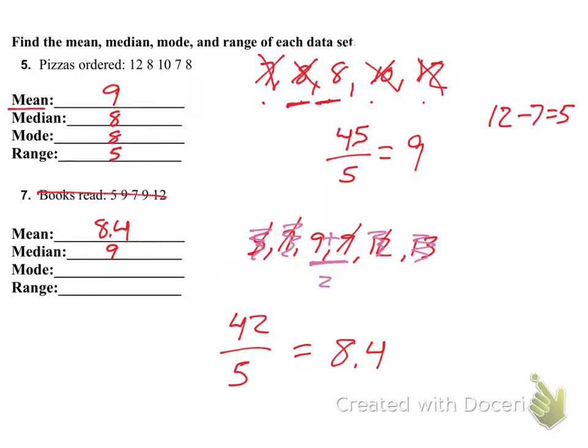So in this case, it would be 9.5. I'm sorry, it would still be 9, but you would just need to add these 2 middle numbers and then divide by 2. But we're not doing that in this case, so don't worry about that. So the middle number here is just 9. And then the range would be our biggest number, which isn't 13, sorry. It's 12 minus 5, so that would be 7.